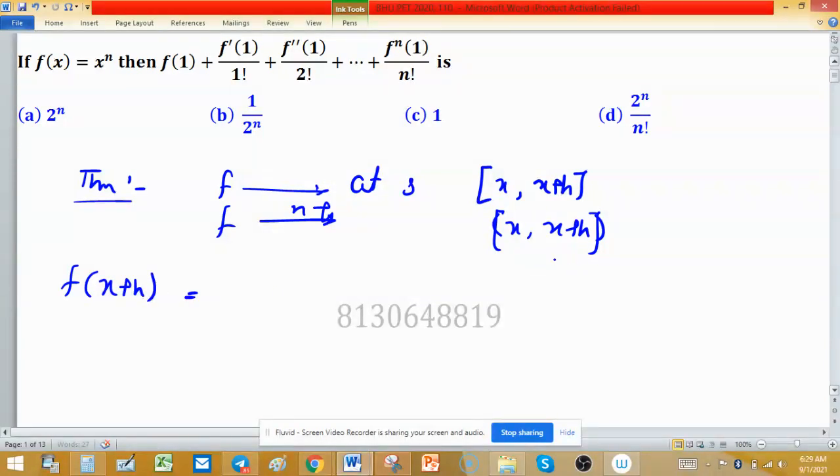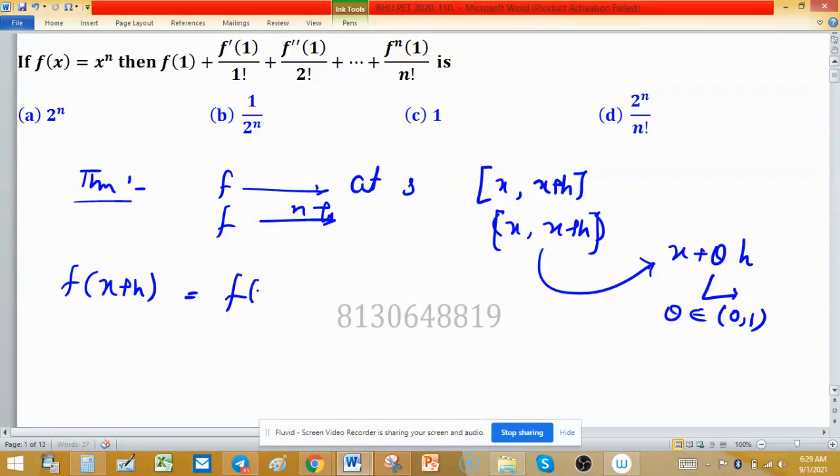There is some point in this interval, larger than x, so x plus theta h, where theta makes it larger than x and lower than x plus h, so theta must be in the open interval 0 to 1.